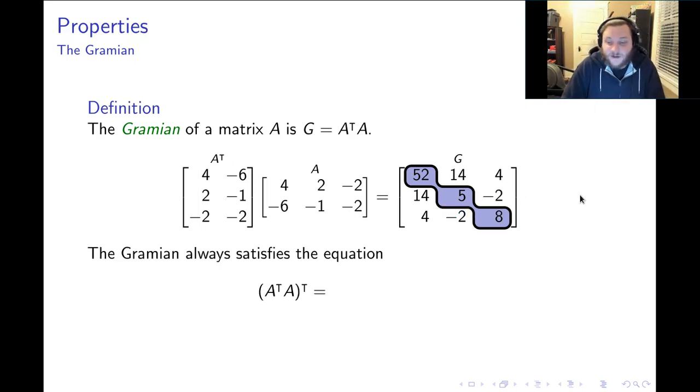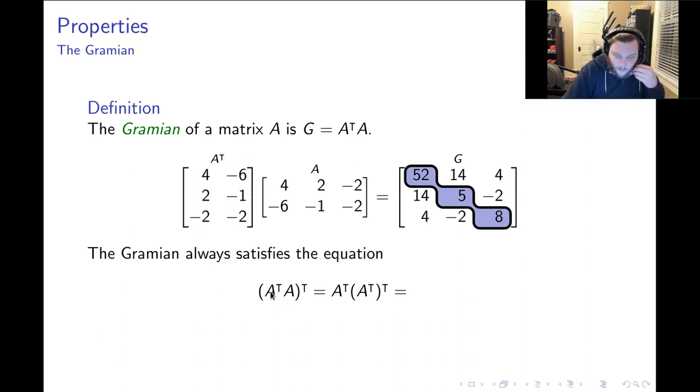So it turns out that if we want to transpose the Gramian, the way this would work mechanically is we would take A transpose times A and then transpose. And remember the order reversing property of transposition: when we multiply two matrices together and then transpose, that's the same thing as individually transposing, except we have to reverse the order.